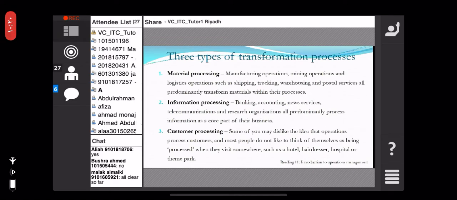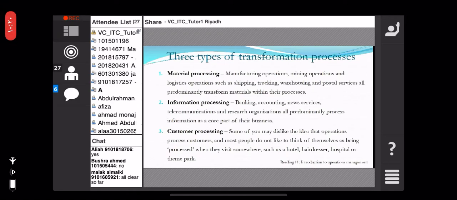Mining operations, mine operations, and logistics operations such as shipping, trucking, logistics. A logistician is the one who transfers the goods from one place to another place, and logistics are basically the material or the stuff in the shape of a product.